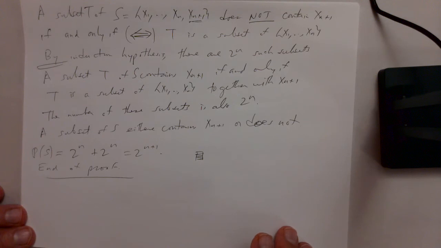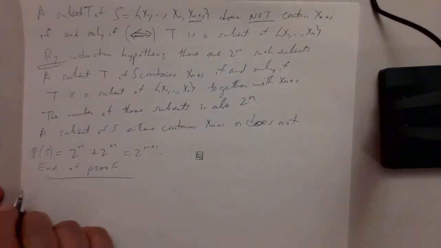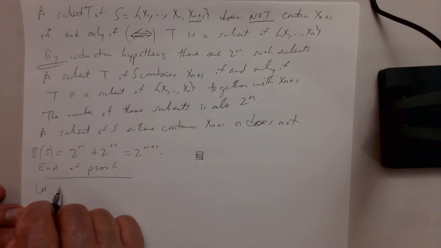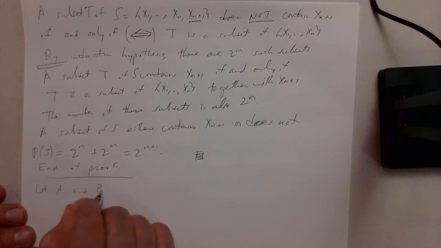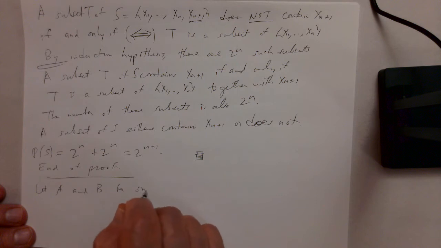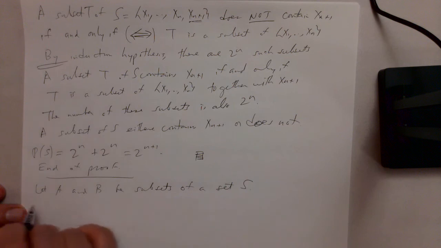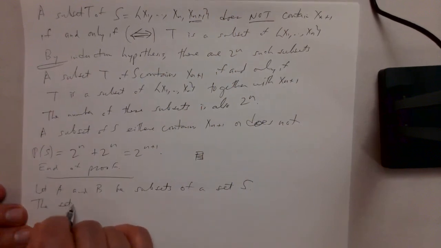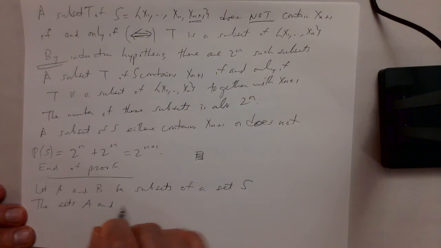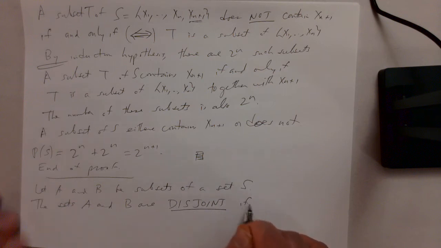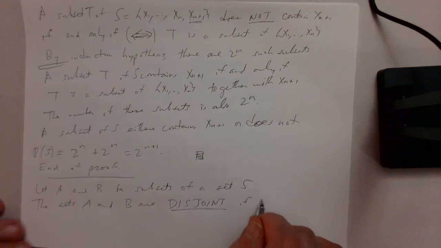Two more definitions of concepts associated with sets are the following. Suppose we have A and B subsets of a set S. The sets A and B are called disjoint if they have no elements in common.